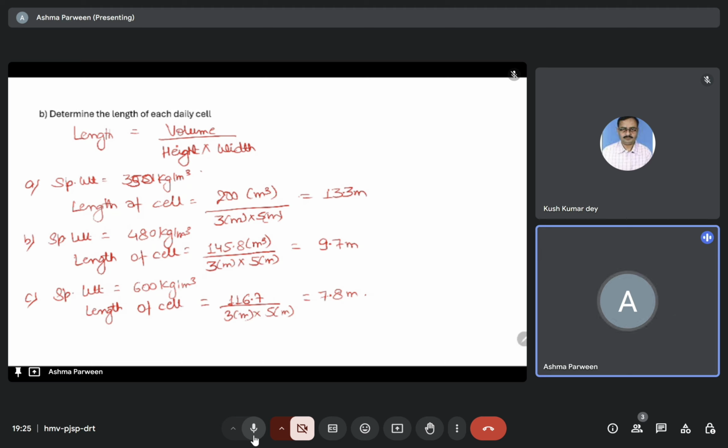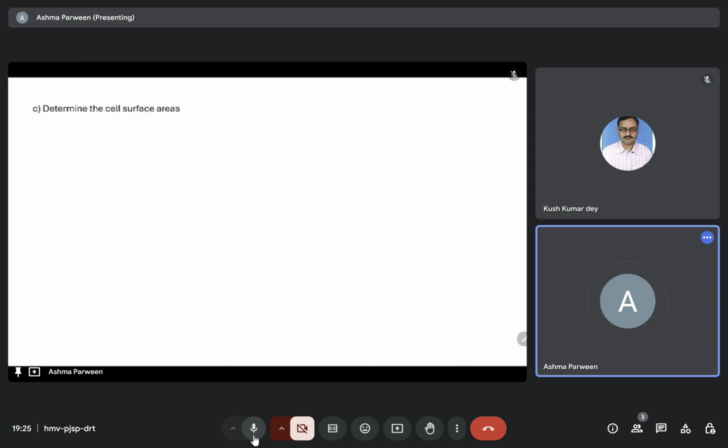For 480 kg per meter cube specific weight, the volume was coming out to be 145.8, and when we divide with height and width, we are getting 9.7 as the cell length. And for 600 kg per meter cube specific weight, we were getting the volume of 116.7 meter cube, and when we divide it by height of 3 meter and width of 5 meters, we are getting the length of the cell as 7.8 meter. So let's move to the next part.